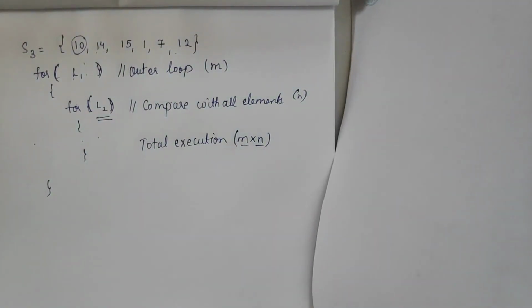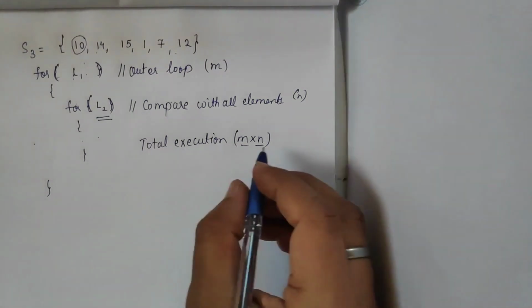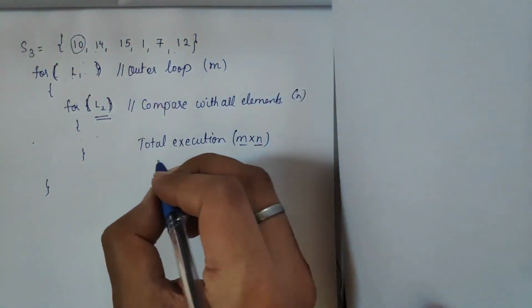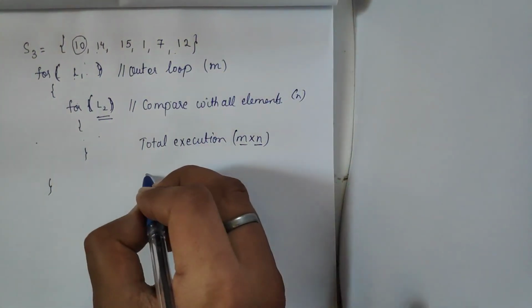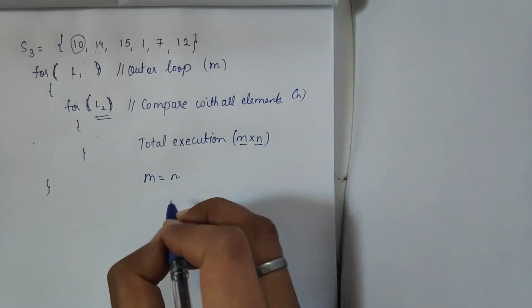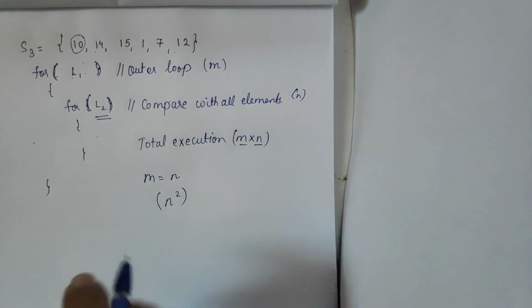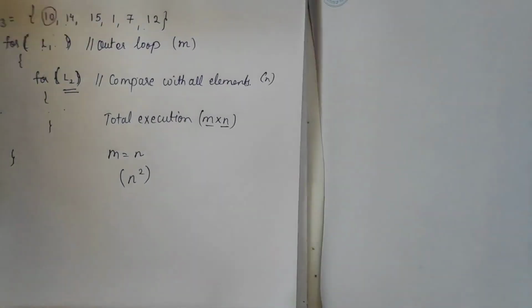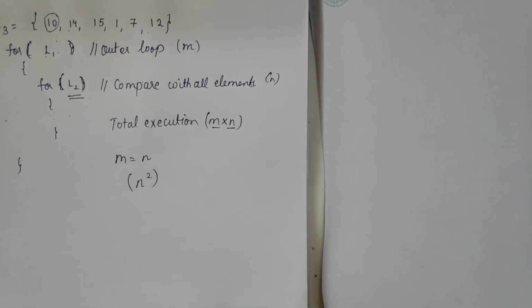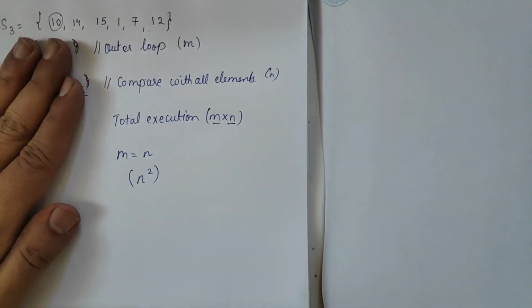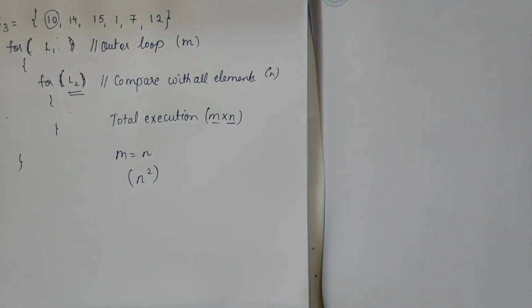Assuming m is equal to n, we say there are n square computations required. Let's say there are 1 billion numbers in the array. So it will be 1 billion square, 10 raised to 18. So that is too much computation, although you will get the right answer. The approach is not wrong.